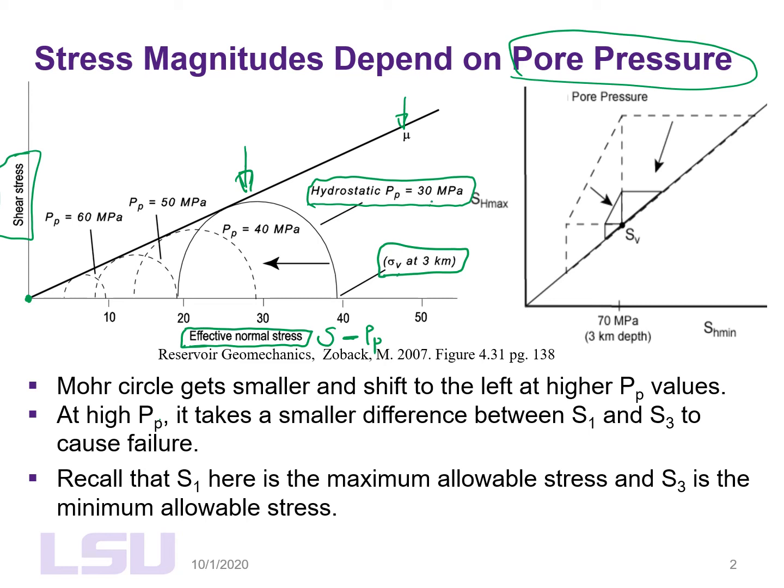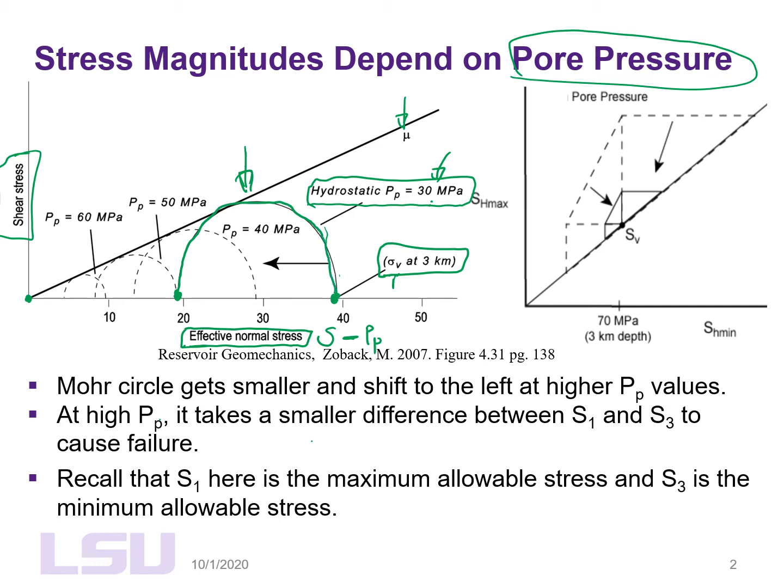And take out 30 from SV, you get sigma V, and that was 39 for this problem. So once you know this point, of course, you can draw a circle that starts from that point and touches this line, and that will give you S1 or sigma 1, right, at hydrostatic pore pressure. So that's how you got this circle.